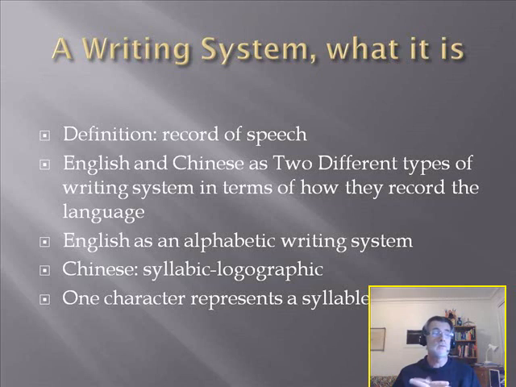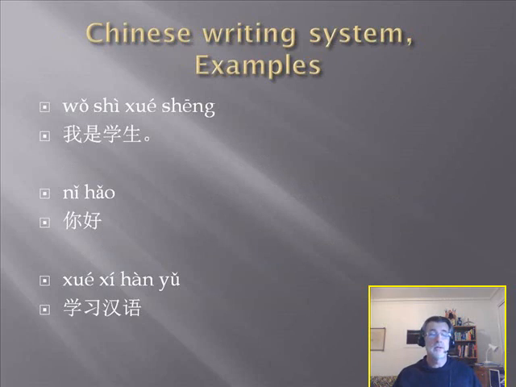It's a phonetic system, whereas Chinese characters are called syllabic logographic, and we'll explain a little more about that as we go along, but essentially it means that one character represents one syllable, and we've talked about that in lectures before.